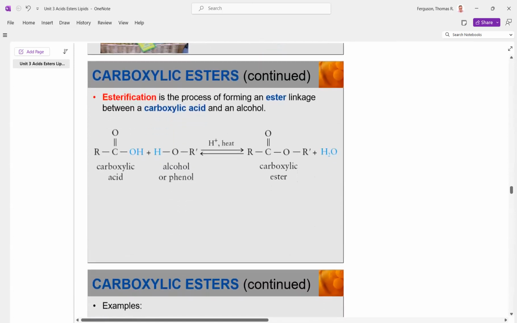Now, the process to make an ester is called esterification. So you need an acid and an alcohol. And the alcohol could be an aromatic alcohol also, not just a simple one.